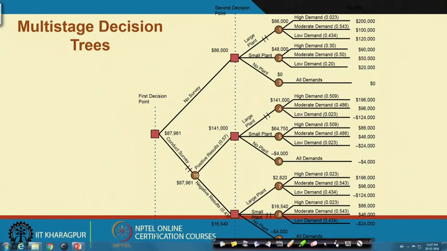The first decision point is here, and it has two options: no survey and have a survey. This is the initial investment, and with no survey we reach this point, and with the survey we reach this point.